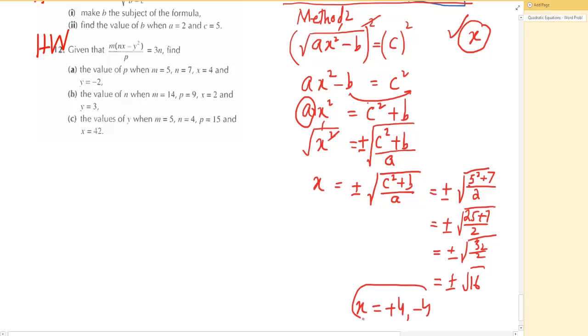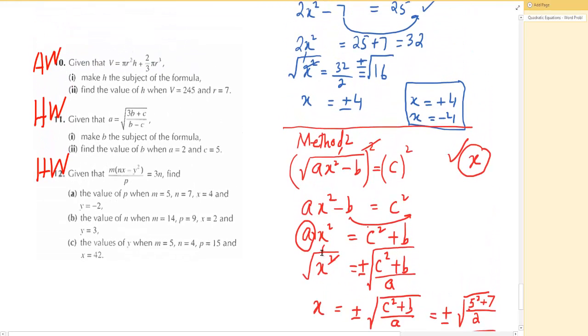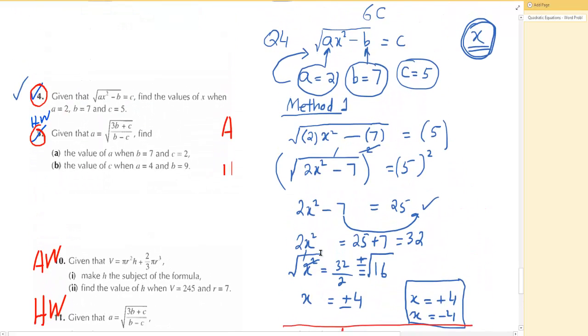So the same answer. There are two ways you can solve this question. In the first, plug in the values in the start of the question and then find the value of x. And the second method is to make x the subject of the formula first, and then put the values of a, b, c. You will get the same answer.